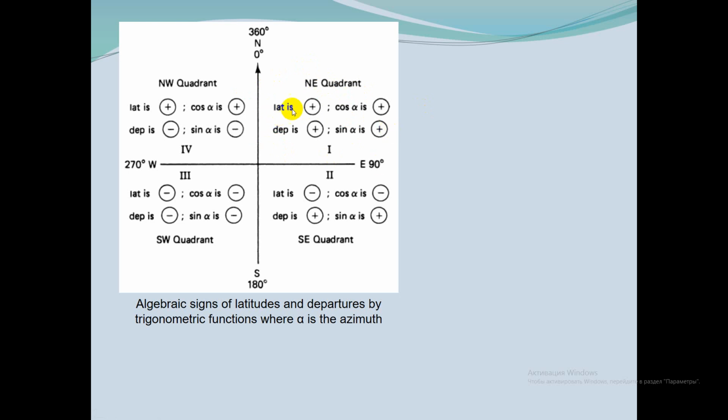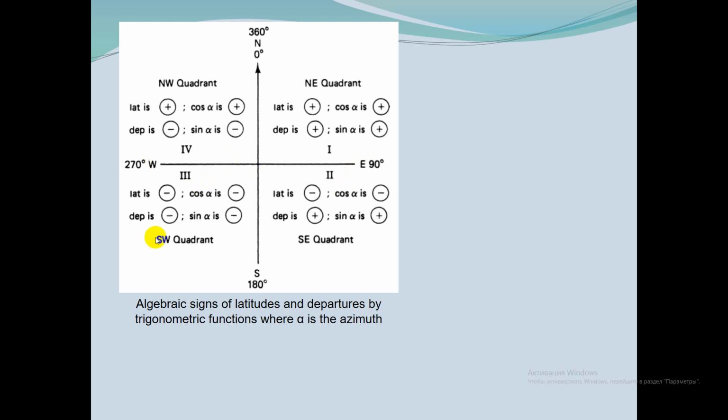So, for the northeast quadrant, latitude is plus, cosine alpha is plus, departure is plus, sine alpha is plus. For the southeast quadrant, latitude is minus, cosine alpha is minus, departure is plus, and sine alpha is plus.